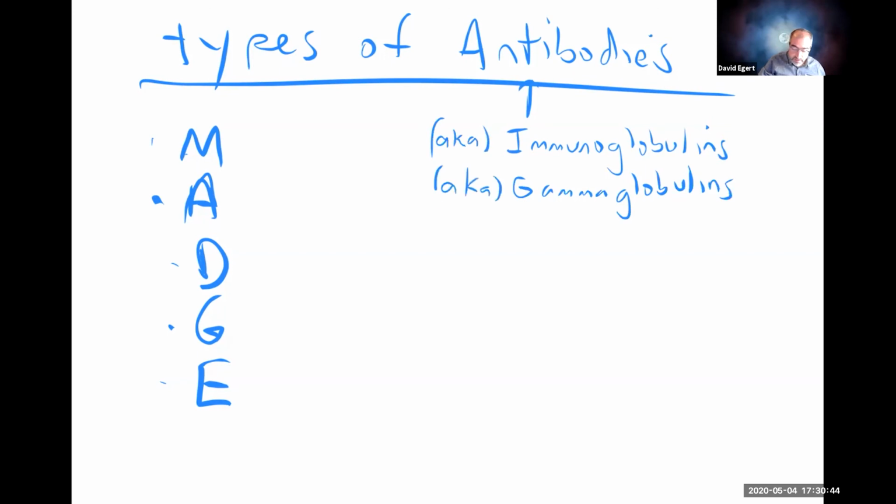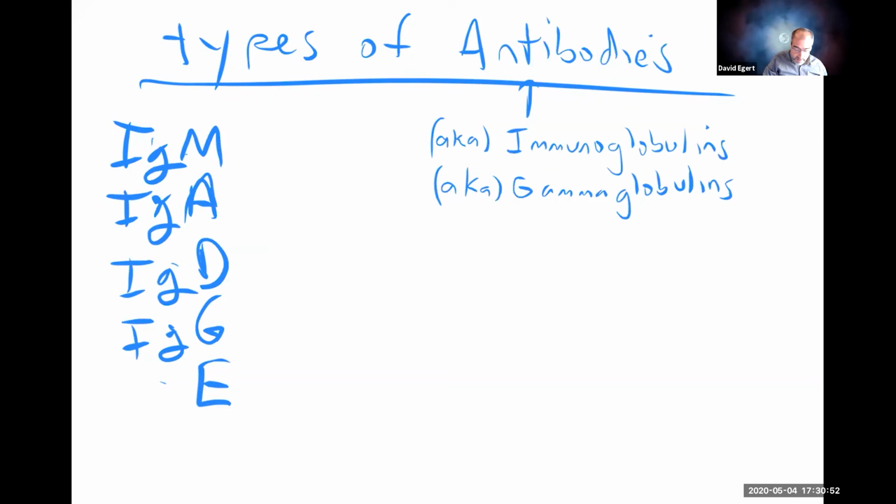What we say is IgM, IgA, IgD, IgG, and IgE. So MAJ is just the way to remember the 5 different kinds of antibodies, not in any particular order other than the word that you can make with those letters.